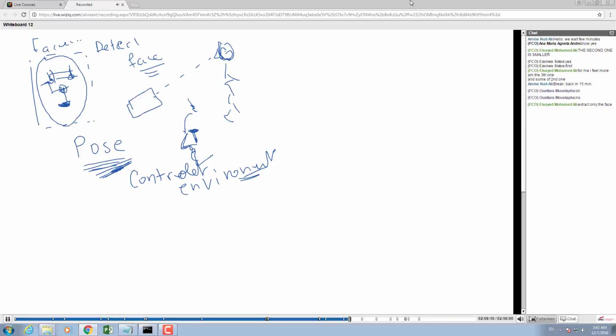In some cases, we can control the environment. We call this a controlled environment. What does it mean, controlled environment? It means you have to give some rules to the user.